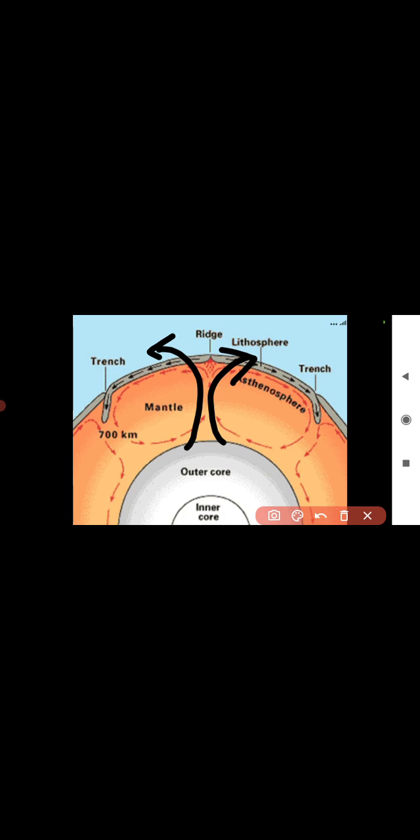This is the simple idea. And if the convection cells are converging, they bring two continents together or nearby. So in this we learned about how the continents came together or diverged from each other. This may be one of the reasons that was given by Arthur Holmes.